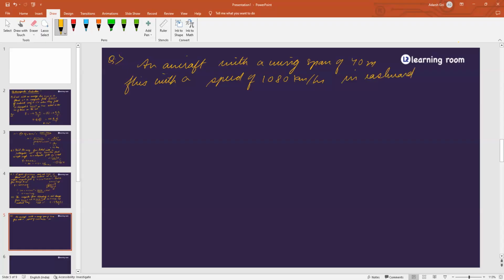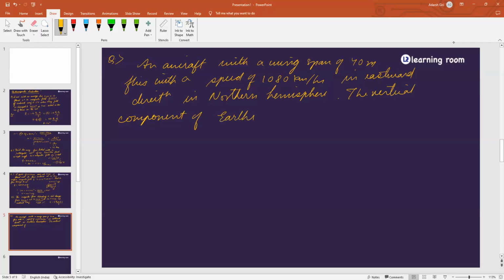In eastward direction, at constant altitude in the northern hemisphere. The vertical component of Earth's magnetic field is given, and that is 1.75 into 10 raised to the power minus 5 Tesla.